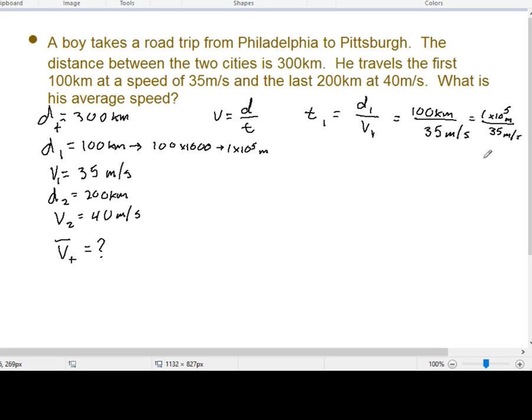Look what's going to happen to the units there. The meters are going to divide out, and what I'm going to be left with is seconds, since 1 over seconds in the bottom is the same thing as just seconds. So, let's see, 100 times 1,000.